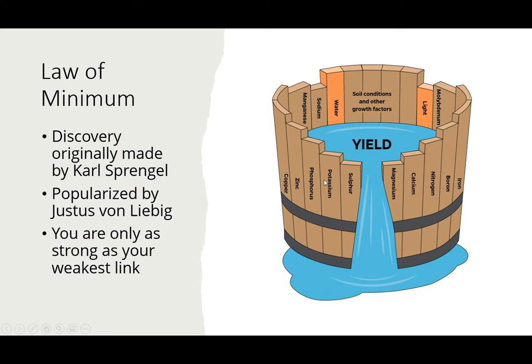Same thing with the experiment they did. Justus von Liebig did an experiment with the growth and the yield of a plant based on the least abundant nutrients. So the growth and yield of a plant are limited by the least abundant nutrients. If you have a small amount of phosphorus, that is going to determine how big that plant is going to grow.